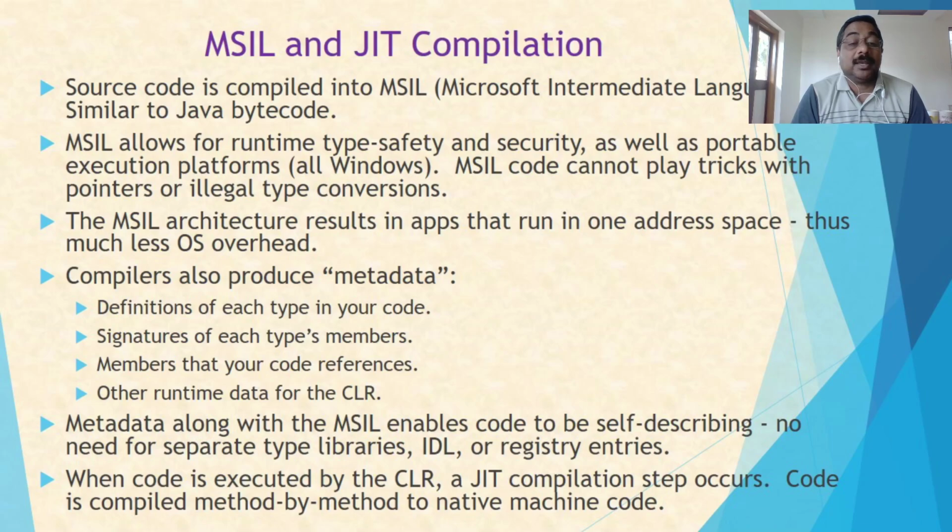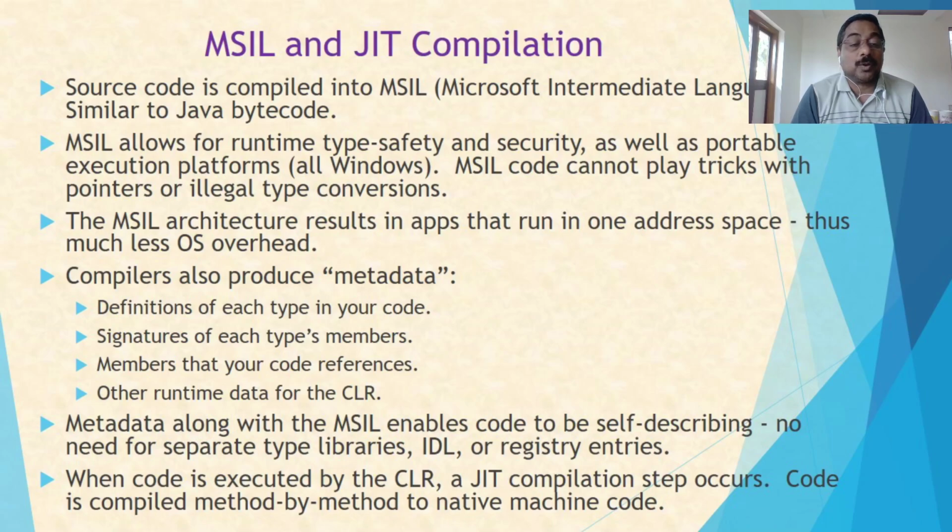So metadata along with the MSIL enables code to be self-describing. There is no need for separate type libraries, IDL or registry entries. So metadata is a particular file which specifies what your code is, in which language it is written, as well as what type of libraries are maintained with your code.